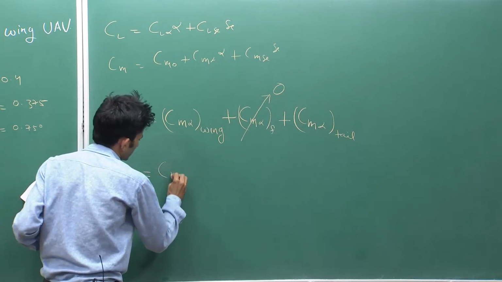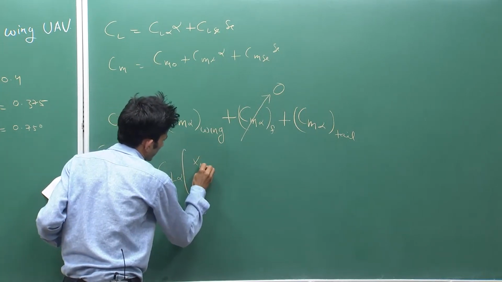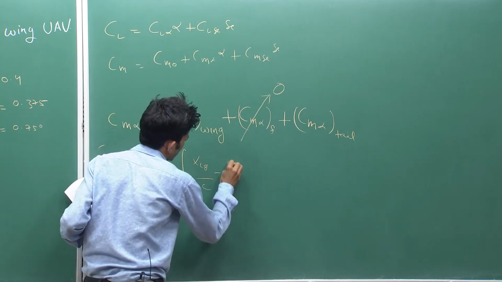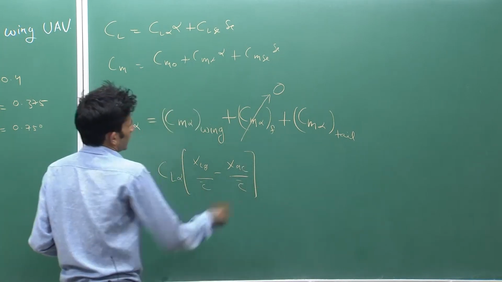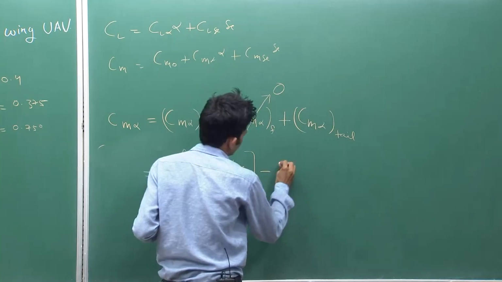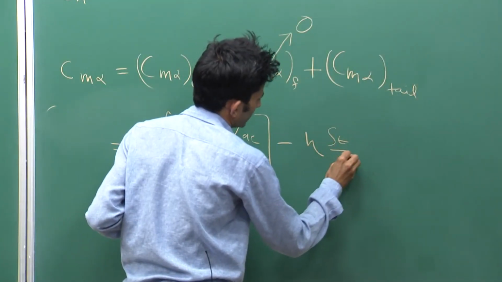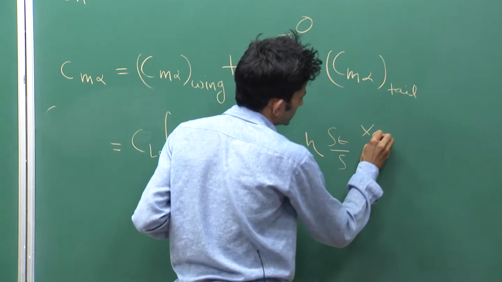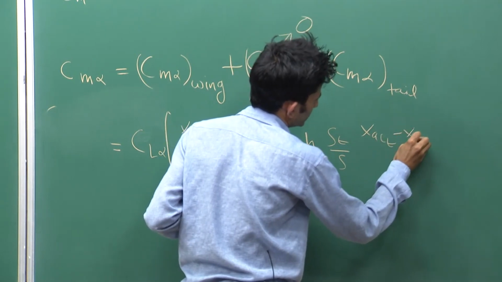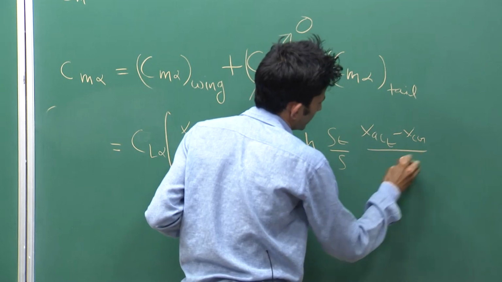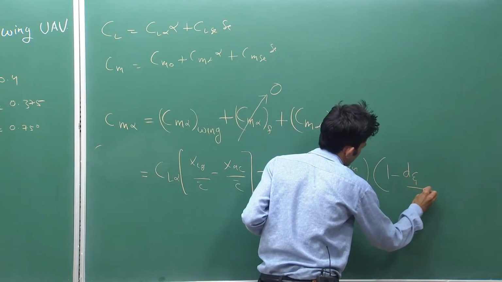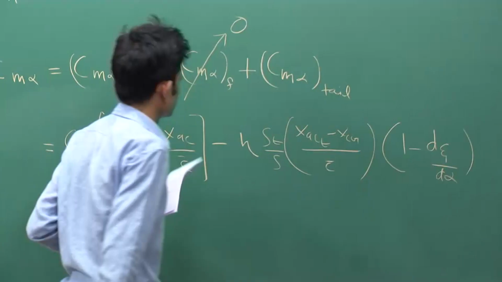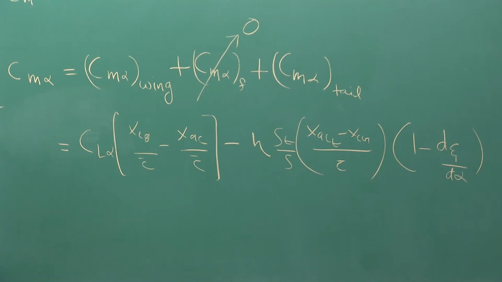It is nothing but CL alpha into xCG by C bar minus xAC by C bar. It's the mean aerodynamic chord, you can put bar. And Cm alpha of tail is nothing but minus eta ST by S into xAC of tail minus xCG divided by C bar into 1 minus dou epsilon by dou alpha. This is the complete expression of Cm alpha.